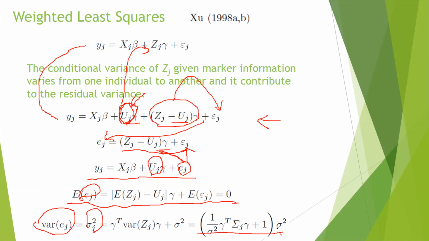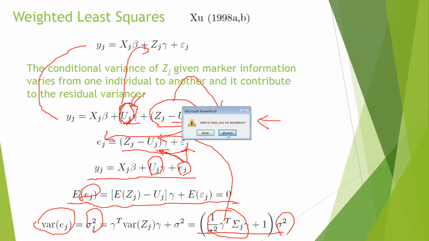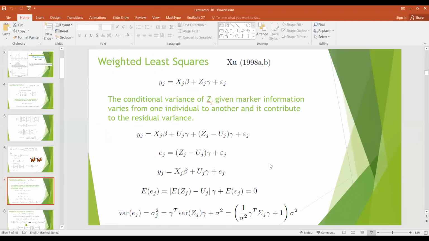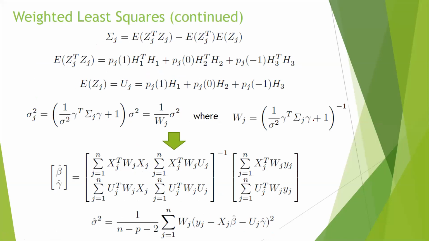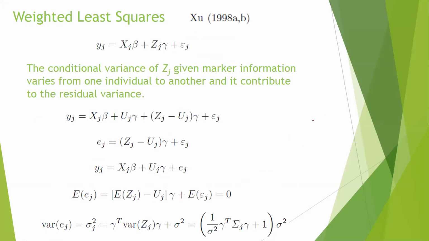So this is the normal distribution, but we have an extra term here because of the introduced error here, right? Any questions here? Okay. All right.